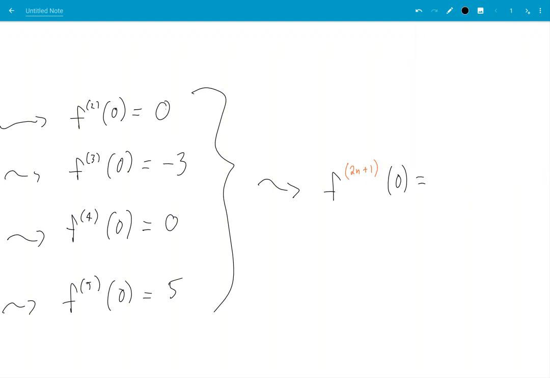So that tells me I'm going to have a 2n plus 1. And then I got -1 to the power of, it's either going to be n or n plus 1. If I look here, n is equal to 1, and I get a negative. So I want just n there.